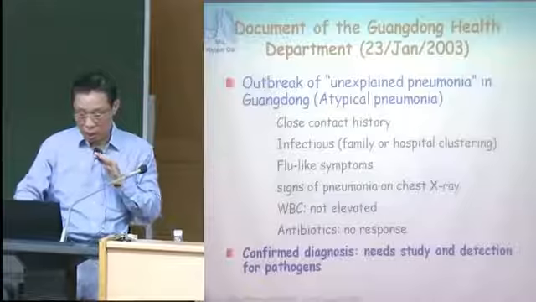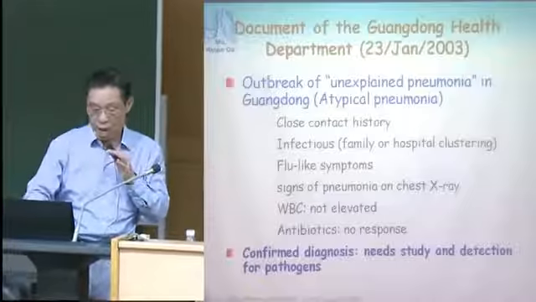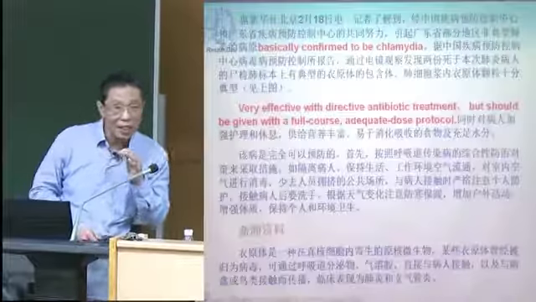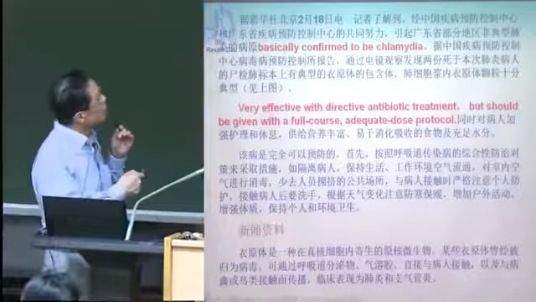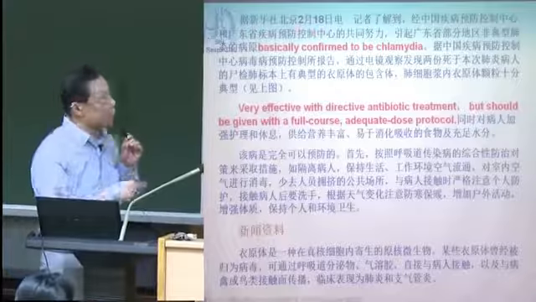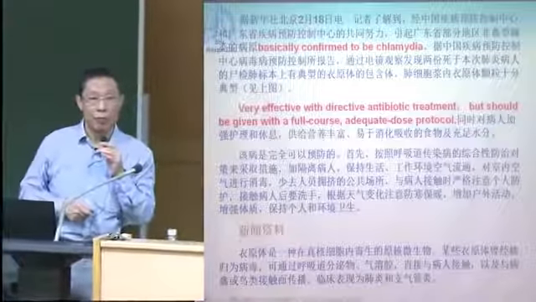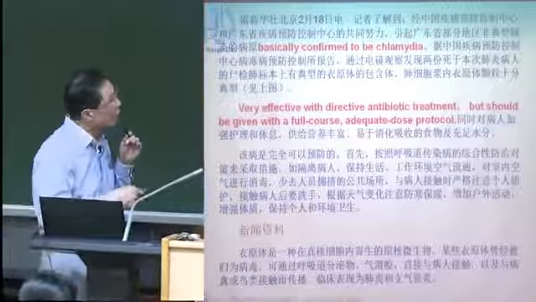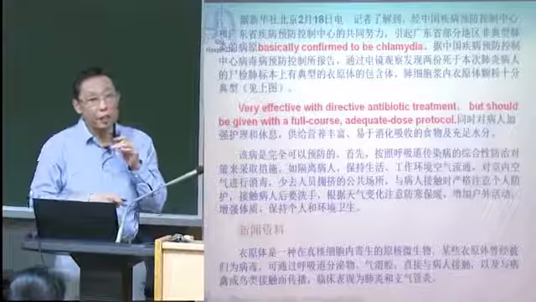We did not know the etiology, 病原学不知道. So at this time we were doing some research, but surprisingly in the middle of February in Beijing, there was news coming from the Central Broadcasting Station, the People's Daily and the Central TV Station. Wow!